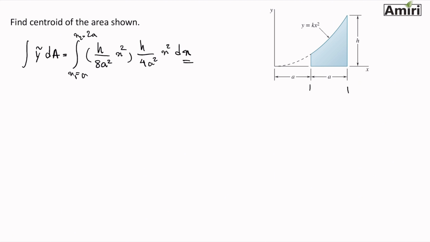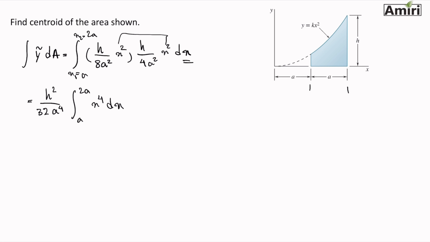If you do the integration, you will get h squared over 32a^4, these are numbers, they can all come out, integral from a to 2a, and then all I have left is x^4 dx.